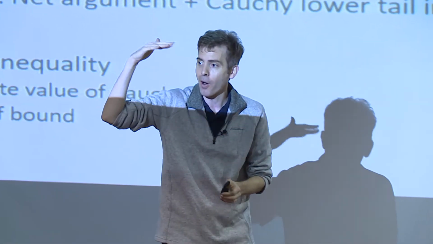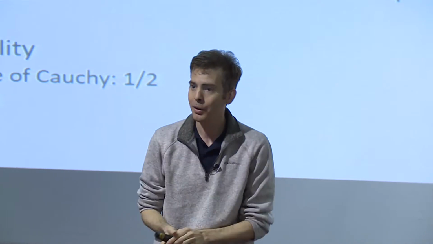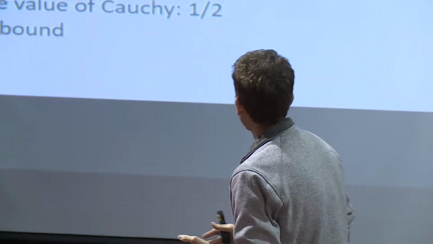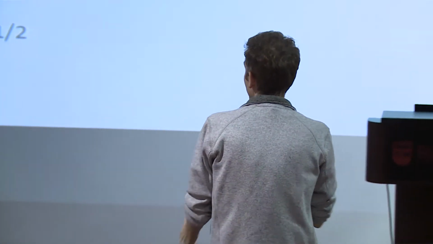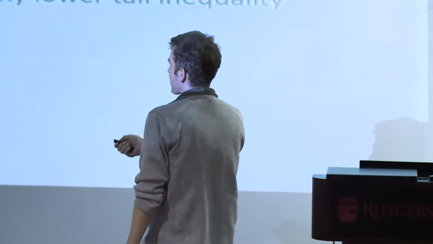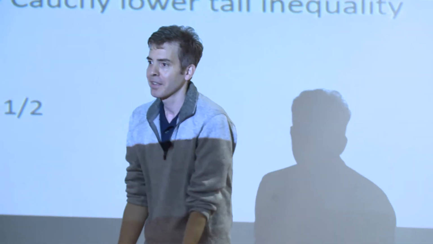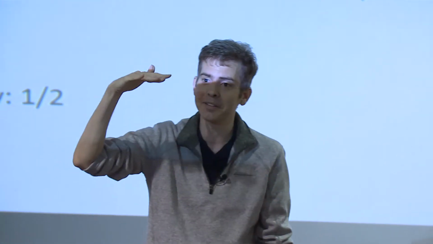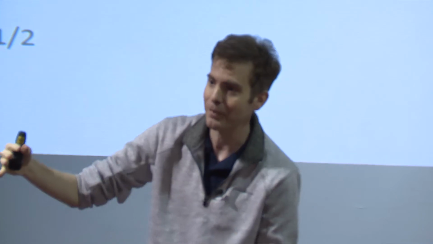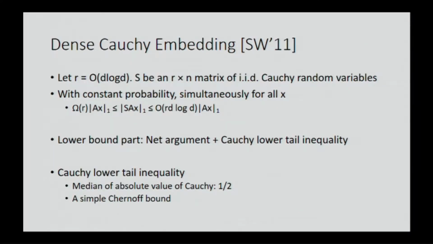So I have r independent Cauchy random variables scaled by the one norm of Ax. If the one norm of SAx shrinks by a lot, then a constant fraction of those independent random variables all had to shrink by a constant factor. But that's unlikely. The median of the absolute value of a Cauchy distribution is a half.